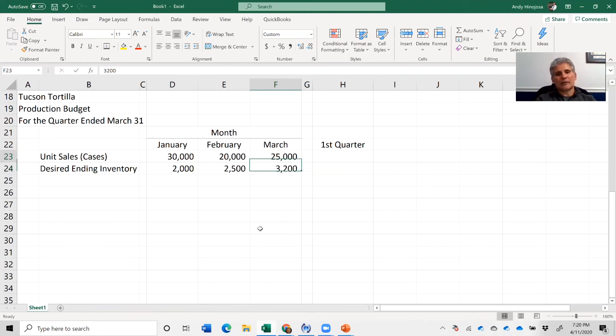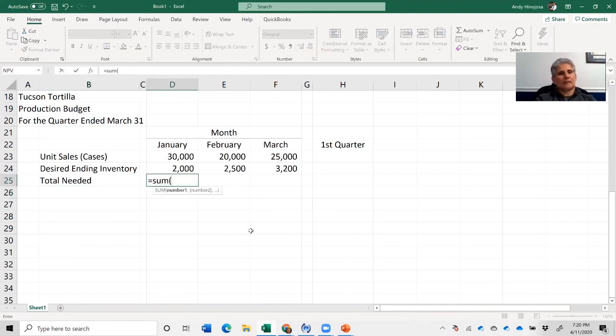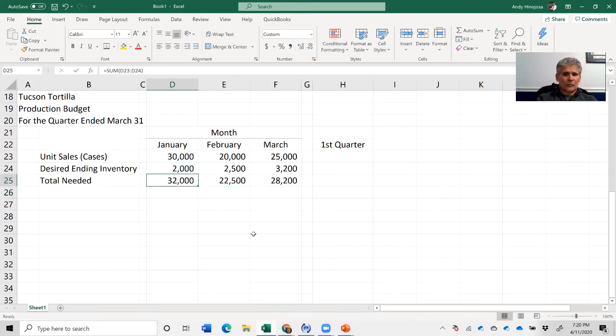You're either given that or you're told what April sales are expected to be. And after that, we have our total needed, right? So we're simply going to add the unit cases that we're going to be selling plus the desired inventory. And that gives us the amounts we need for January, February, and March.